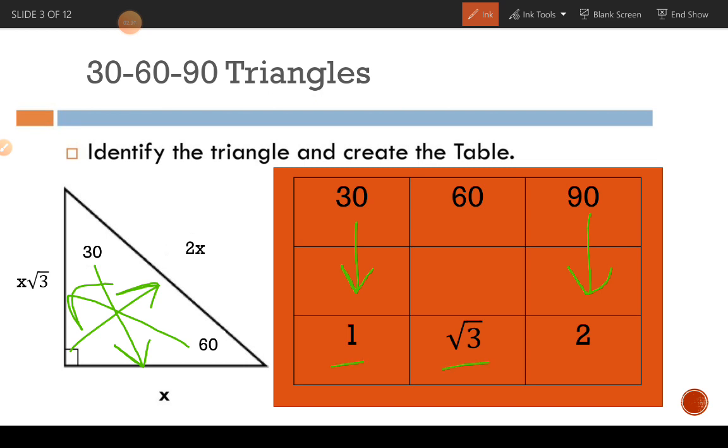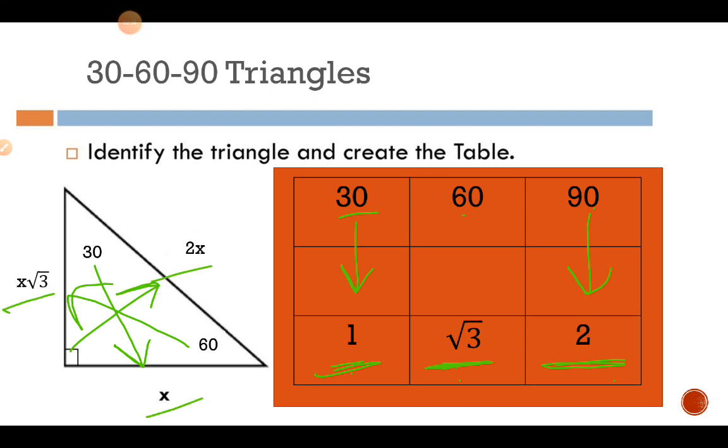These actually go in numeric order, okay? 1, radical 3, 2. Radical 3, I forget what the decimal is, but it's in between 1 and 2. So these tables go in numeric order, 30, 60, 90, 1, radical 3, 2. So they're not really that hard to memorize, and they really help us out when we're trying to find the sides of the triangle, okay?